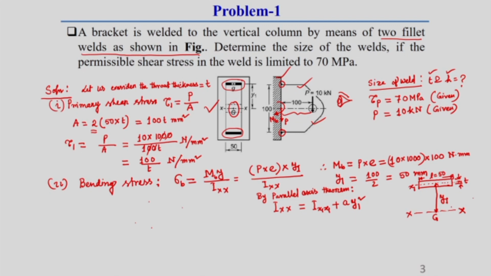So, what should this y1 be? Y1 will be the perpendicular distance between the CG axis of the overall weld and the farthest weld axis. This you should keep in mind.